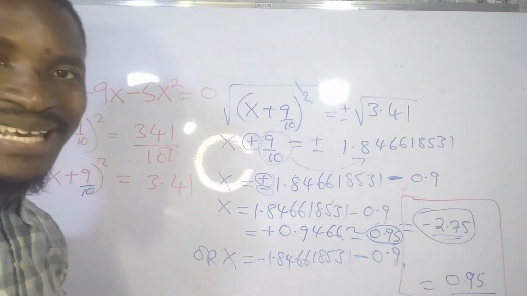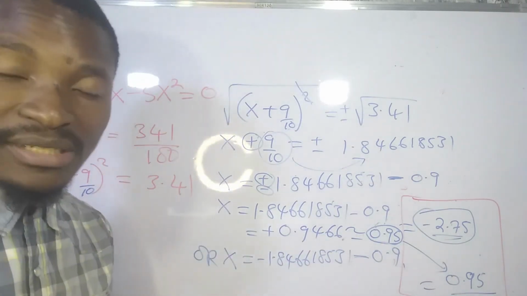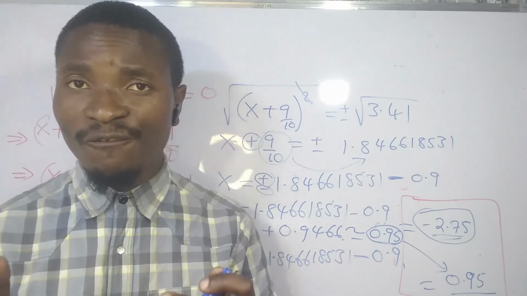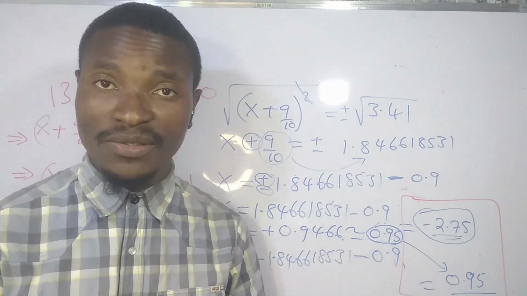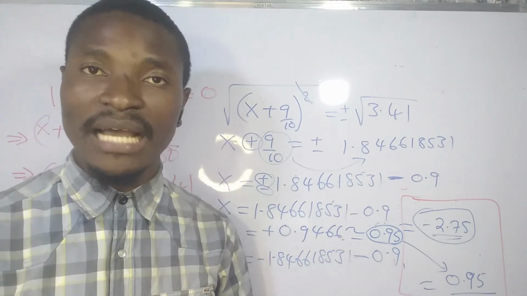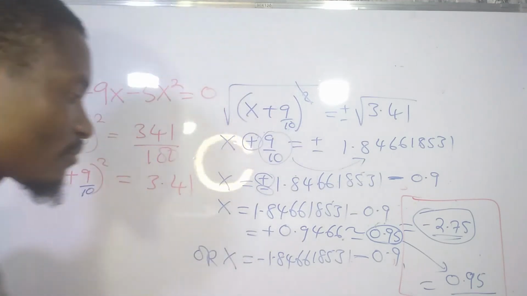So you get 0.95, which is the same answer we got from the formula method. So you can see that either of the methods you use will result in the same answer if they are done properly.